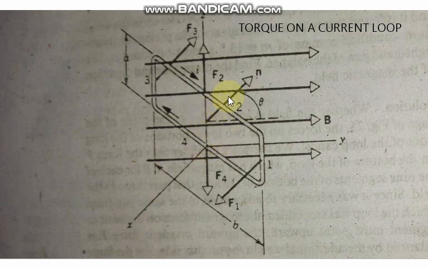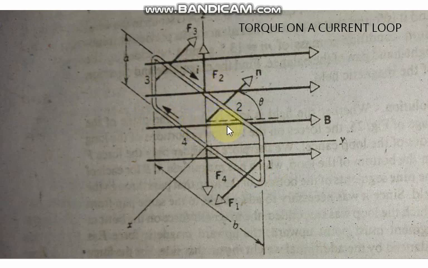This unit normal n is determined by the right hand rule. You will curl the fingers of your right hand in the direction of the current flow, so the stretched thumb will give you the direction of this unit normal n, which is the normal to the plane of this loop.